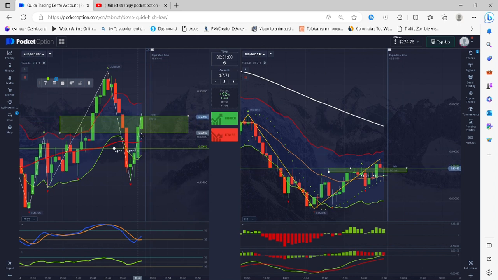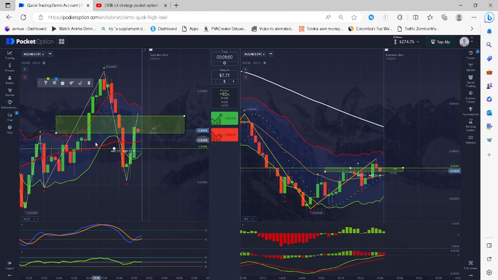Okay, so remember, the best entry is to wait for the first candle to close inside of the Keltner, while the stochastic is about to cross this level.